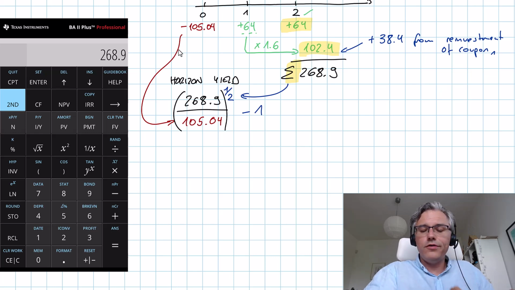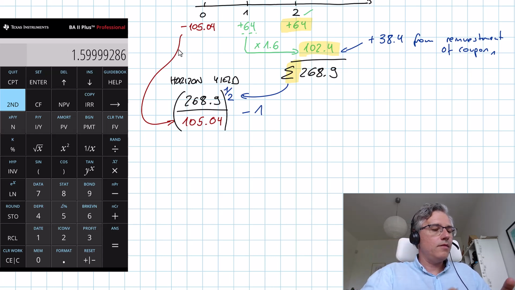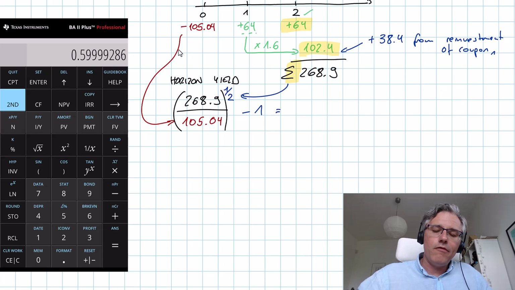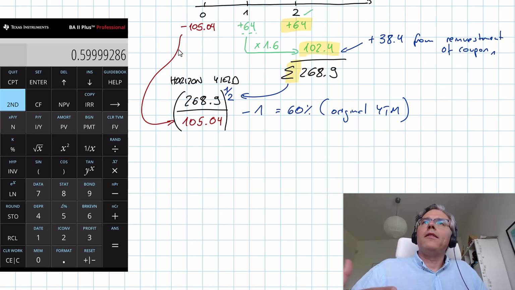So I've got the 268.9 on my calculator. I'm going to divide by 105.04, equals, now either raise this to the power of 0.5 or simply press the square root button, good, minus 1, and as you can see we get very close, really very close to 60%, which is our original YTM. And this simply proves the point that we were making in the previous video.